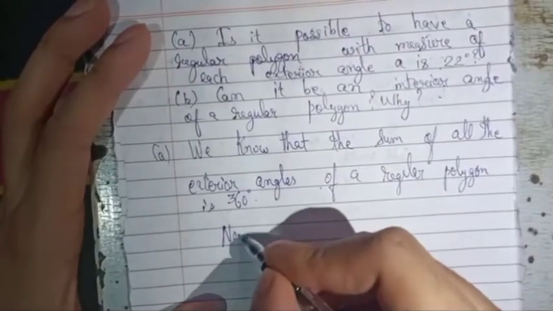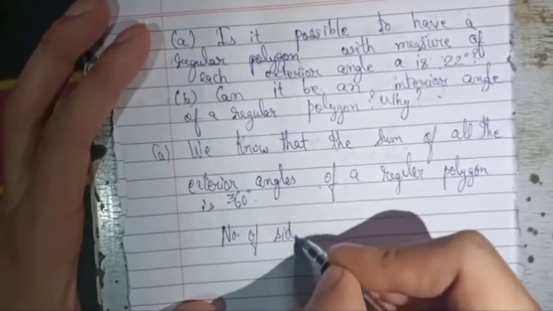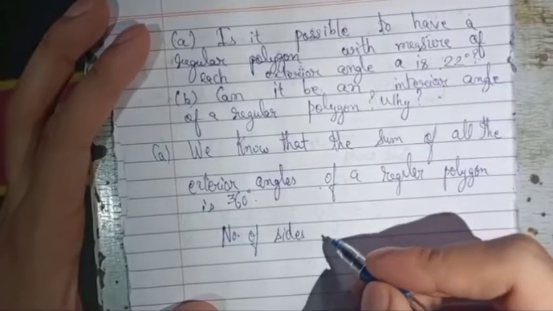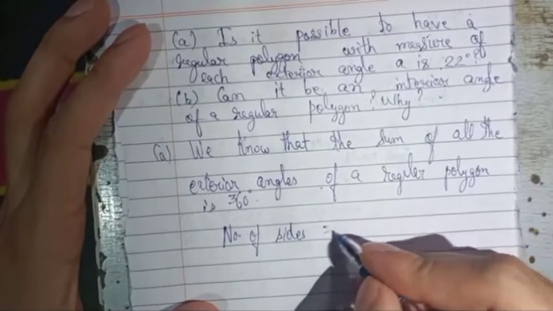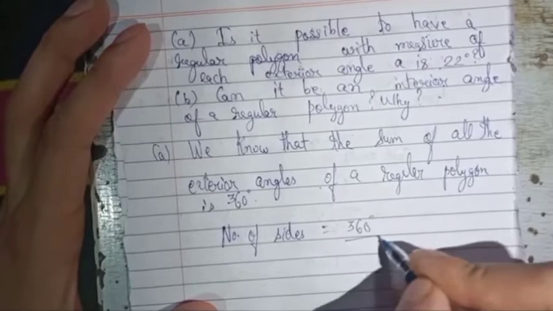So the number of sides can be calculated by 360 divided by the measure of each exterior angle. So the number of sides will be equal to 360 degree divided by 22.